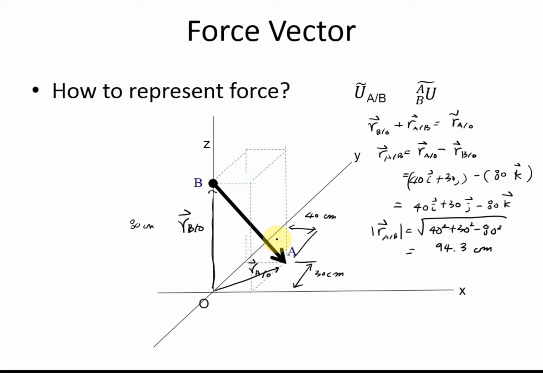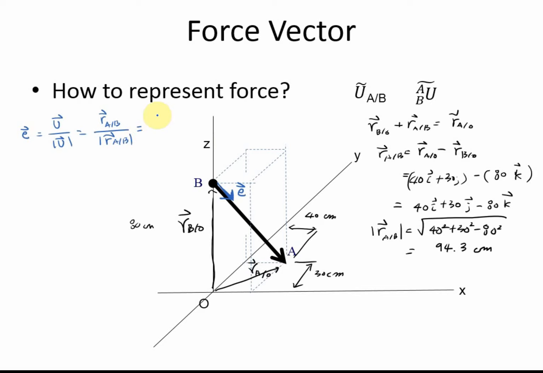Okay, then what is the unit vector? I want to get the unit vector. So the unit vector is from here to here, let's say, and let's say this is unit vector e. What is the unit vector e? So we learned that a unit vector can be represented by this one. Right now the u refers to RAB. So RAB vector divided by the magnitude of RAB, right?